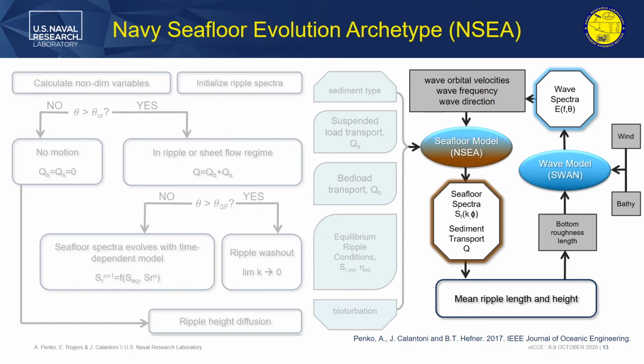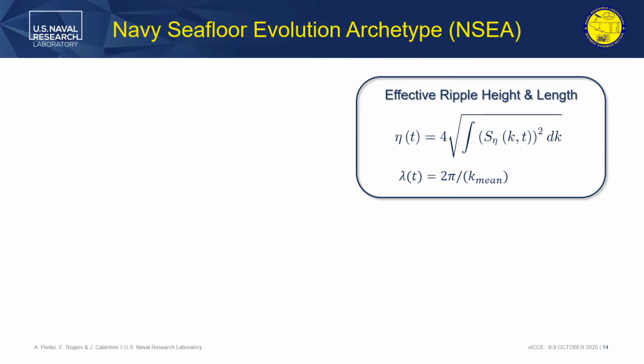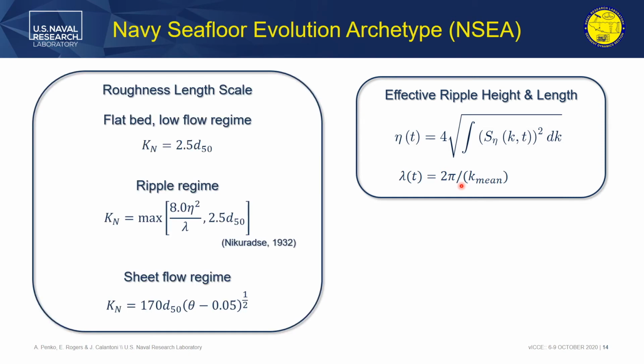Basically from there we have our seafloor spectra, and then from that we can take our mean ripple height and length and then parameterize that. First we calculate the effective ripple height and length, and that is from the integral under the spectrum. Ripple length is calculated by 2 pi over the mean wave number. And then our roughness length scale is determined based on which flow regime we're in.